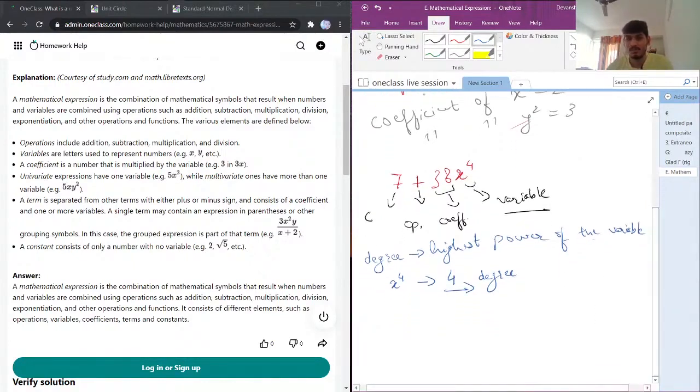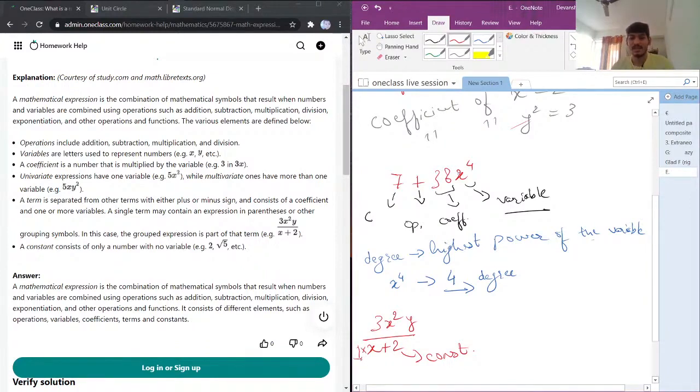And again we can write any constant. Let's go for one more example, the last example for this. Let's write 3x square y over x plus 2. Here 2 is my constant. It doesn't matter if it is in division or multiplication, 2 is the constant term. If you cannot see, I can write this as 1 into x.